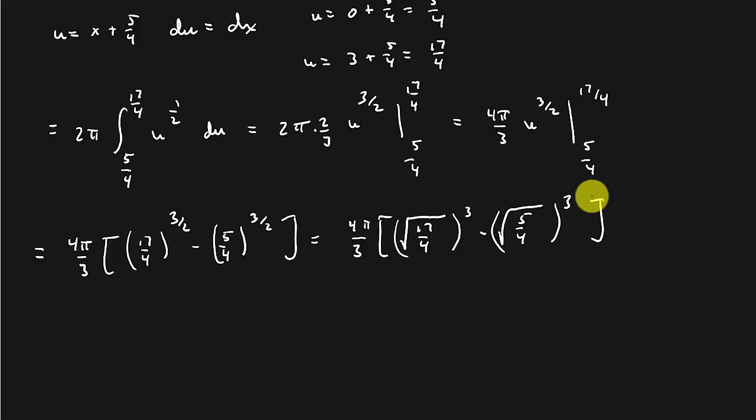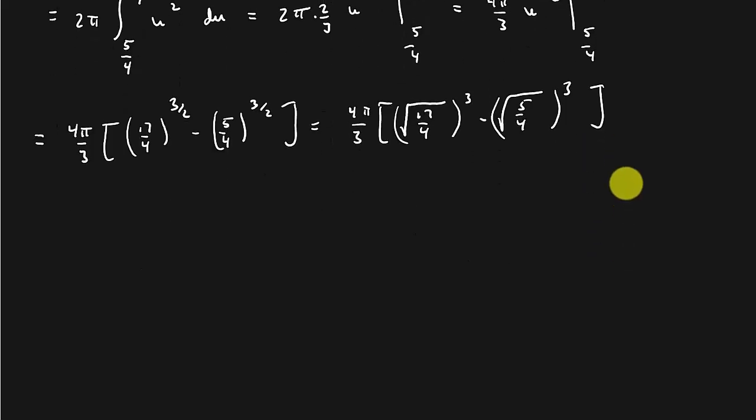All right. Now we're going to do something else. So that's going to be 4 pi over 3 times the square root of 17 cubed. I'm breaking this up into the square root of 17 over the square root of 4, each raised to the 3rd power, so the square root of 4 cubed.